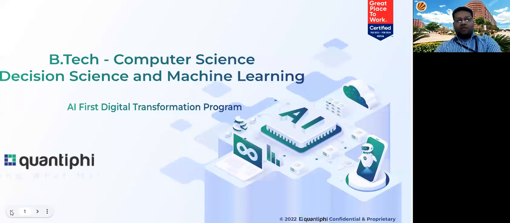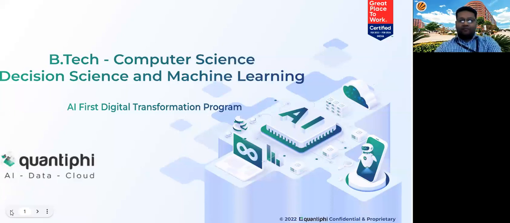Then the entire scheme is divided into 4 different categories. In first year, the main focus is to clear the concepts by introducing various courses of programming, cloud computing, data management.